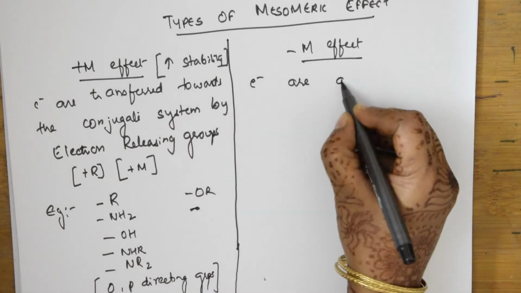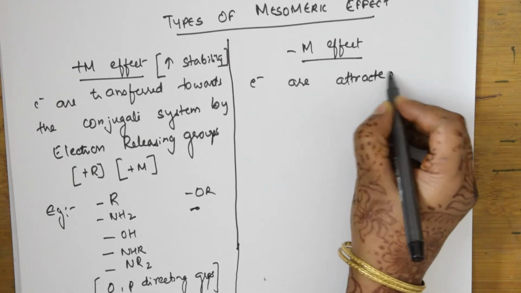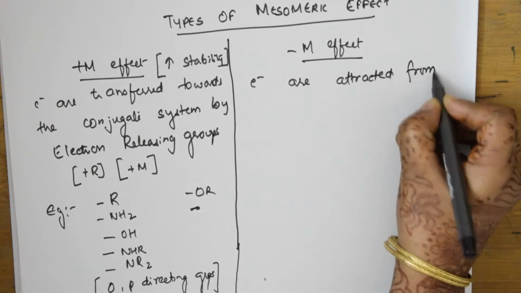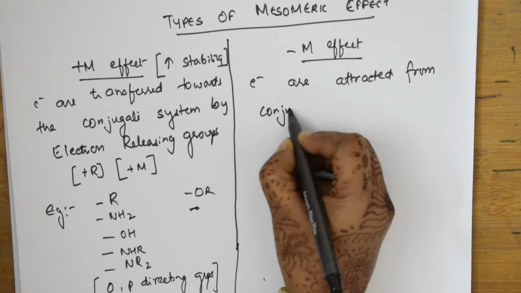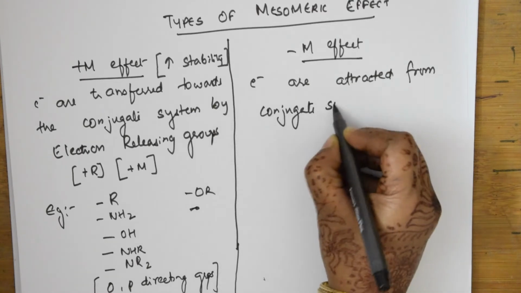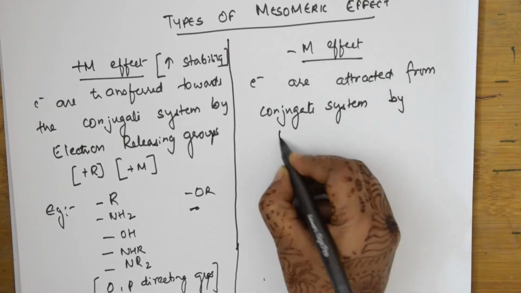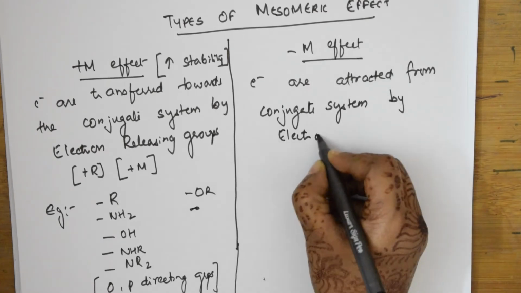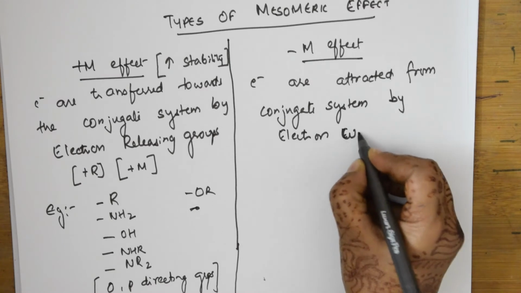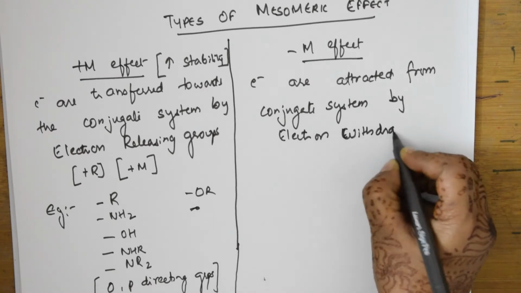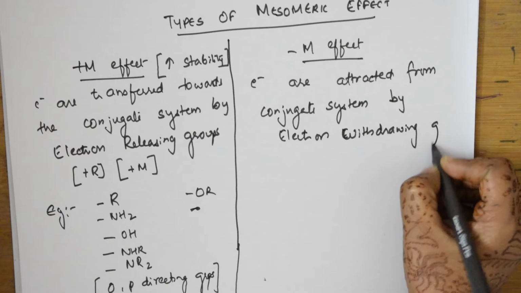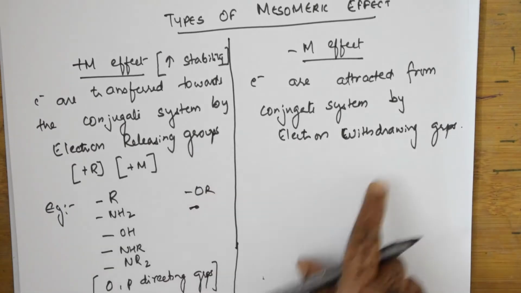Electrons are attracted from conjugate systems by electron withdrawing groups. This is electron releasing groups. This is electron withdrawing group.